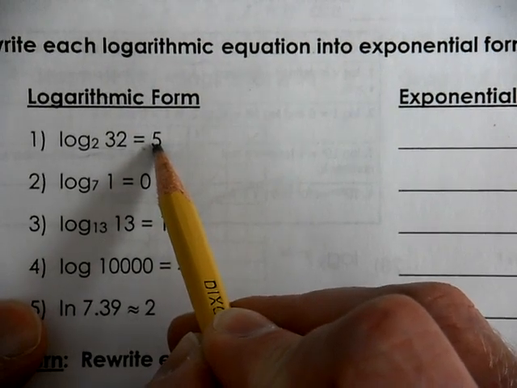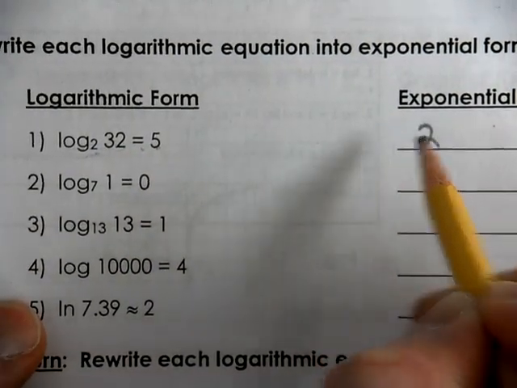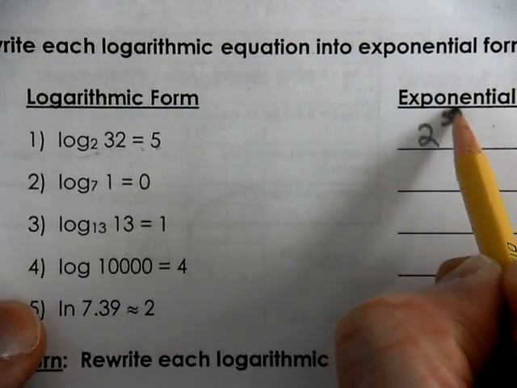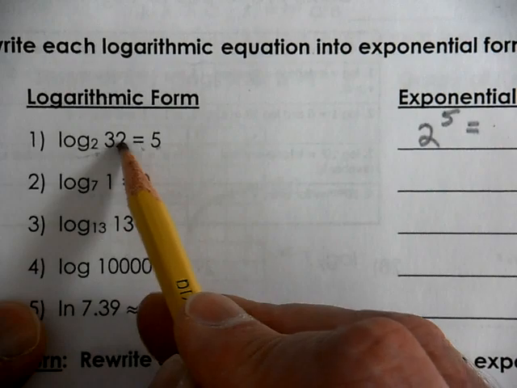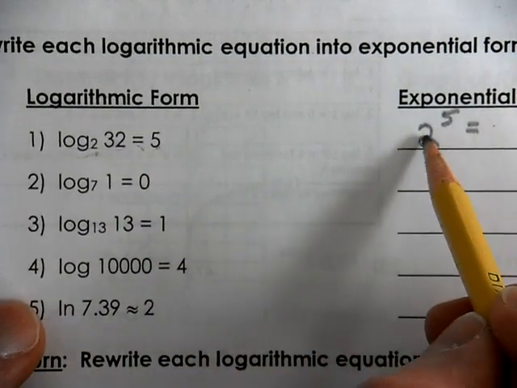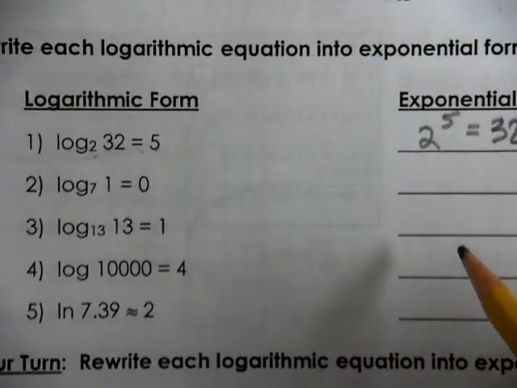So 5 is the exponent. The base, we all know that the base is the number that has the exponent. Log base 2 of 32 equals 5. So this is 2 to the 5th power equals 32.